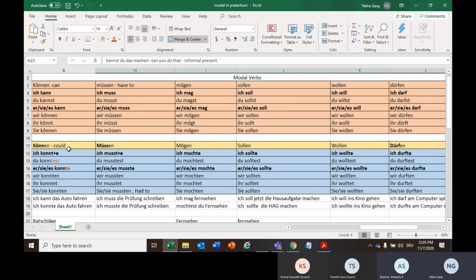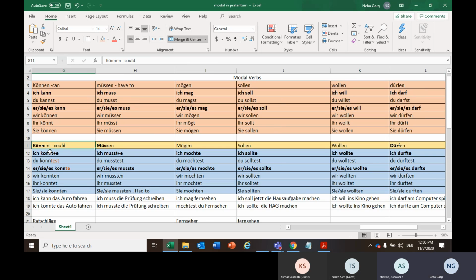Then there we will be using Könnten, could you? That will not be would you. But in case there is any chance where you want to use Wollen in a polite manner, like requesting somebody, formal plus polite, then you can just use Wollten only. So there will not be the variation.